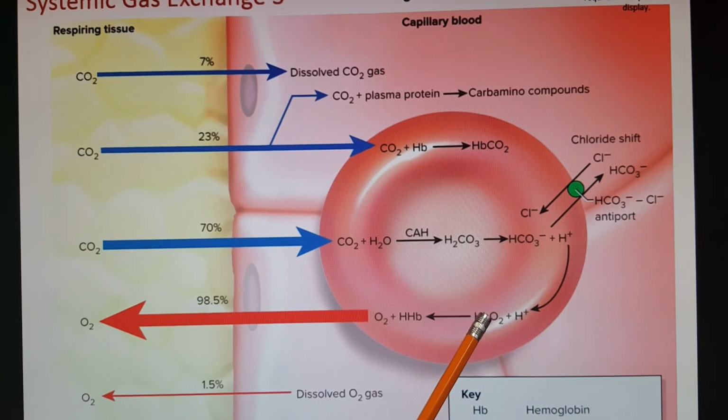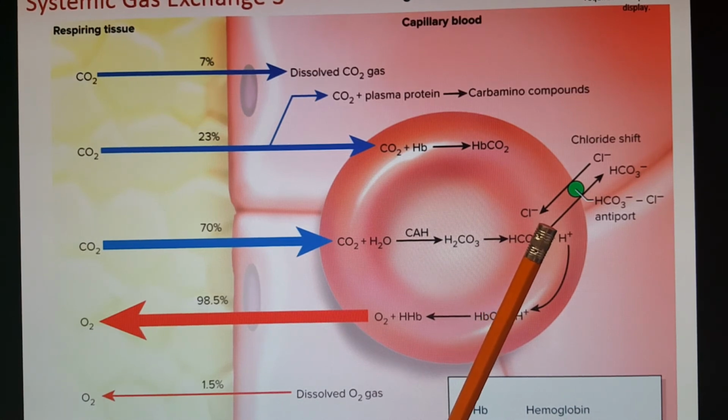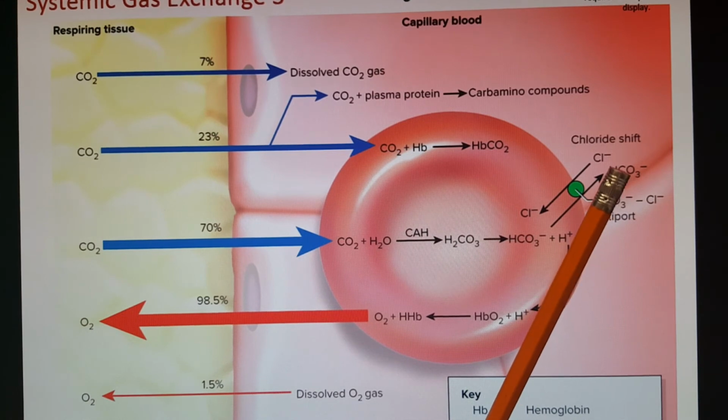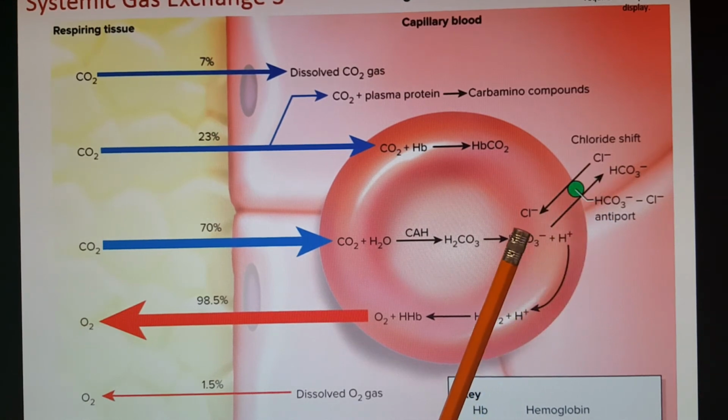Binding to that molecule helps the hemoglobin loosen from the oxygen molecule, and therefore helps oxygen diffuse out of the capillaries and into your tissues. For the bicarbonate ion, it undergoes chloride shift, so your bicarbonate ion is sent out of the cell, your chloride ion is brought back in. And then the rest of your oxygen is just a dissolved gas that diffuses into the tissues.